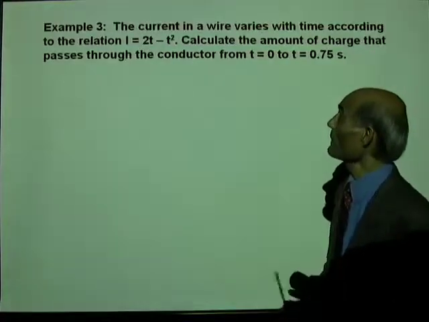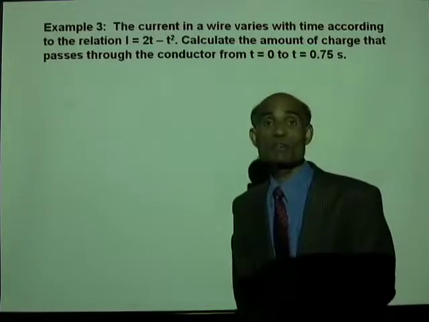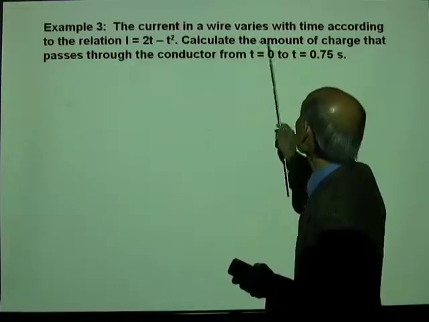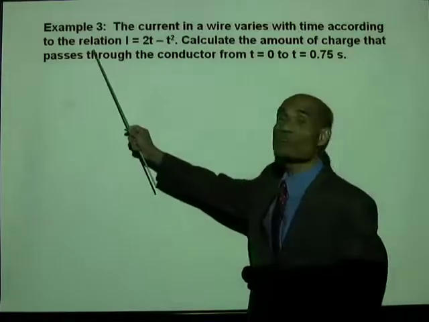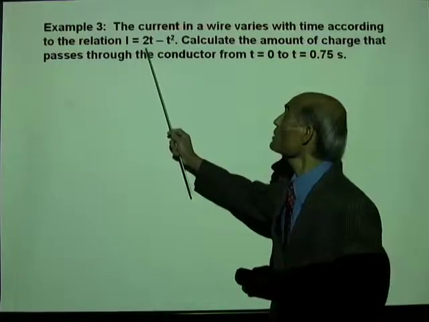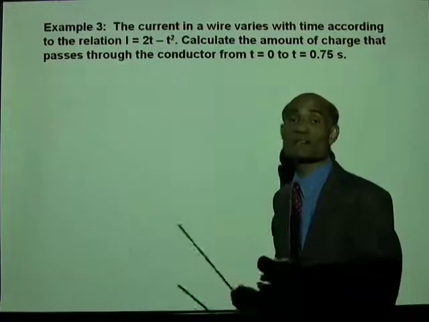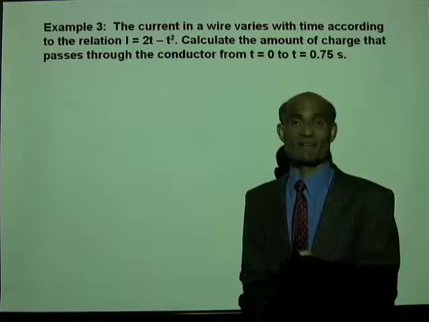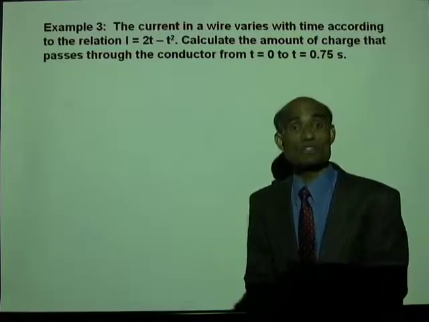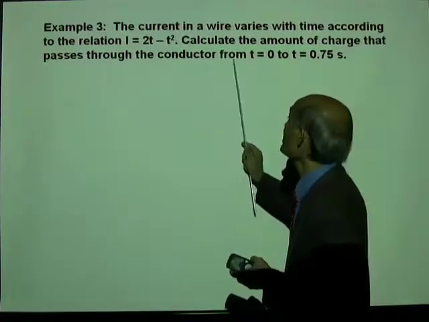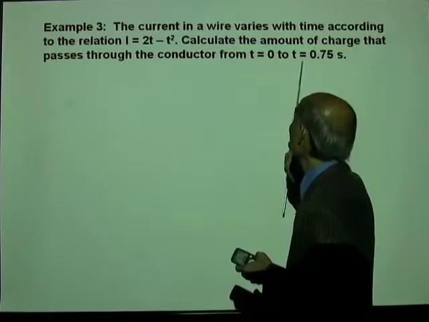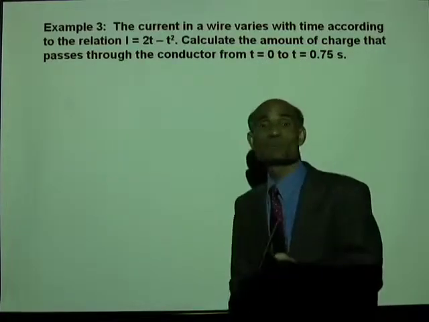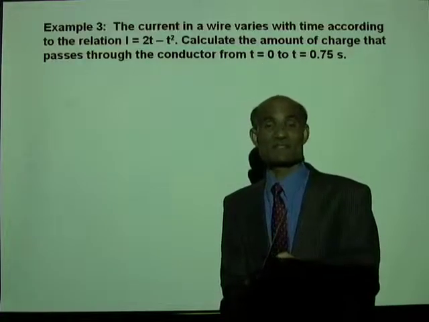Okay, another one. The current in a wire varies with time according to the relation I equal to 2t minus t squared. Calculate the amount of charge that passes through the conductor from t equal to 0 to t equal to 0.75 seconds.